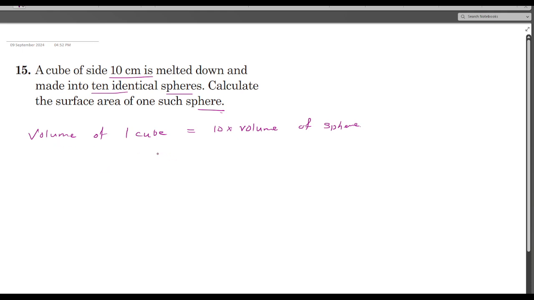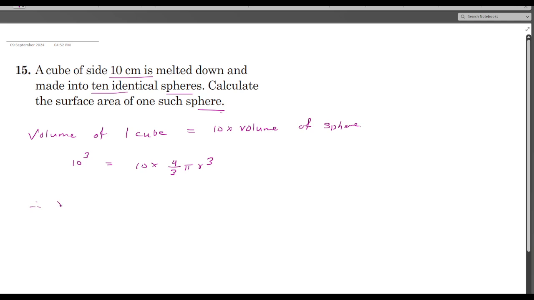Now the volume of one cube is 10 cube, and 10 times the volume of a sphere is 10 times 4 divided by 3 pi r cube. What I have to find out is the surface area of one such sphere. So first let us find r cube.